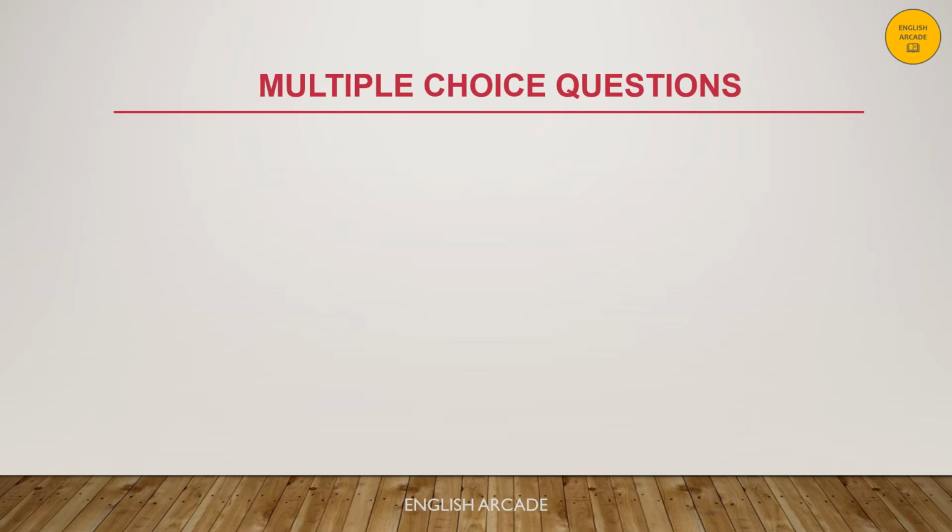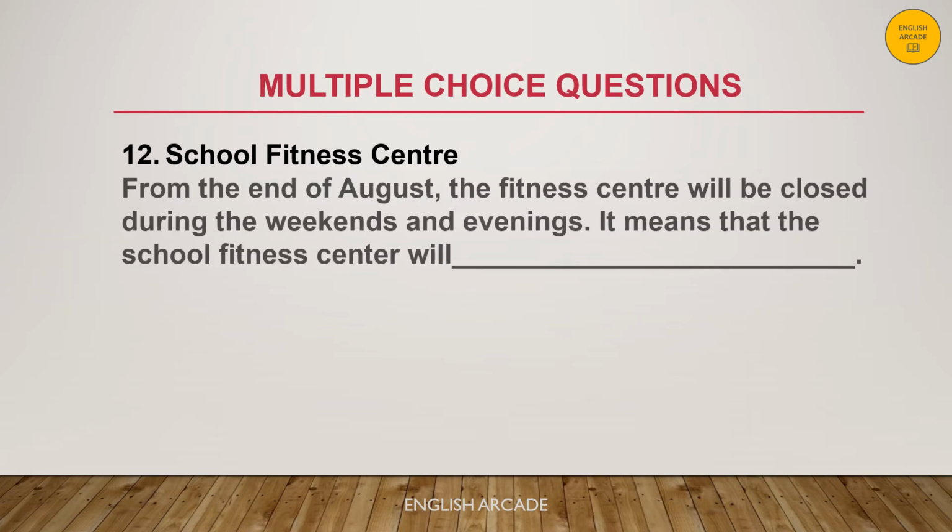Question 12. We will look at a different kind of question now. So this is the question. From the end of August, the fitness center will be closed during the weekends and evenings.